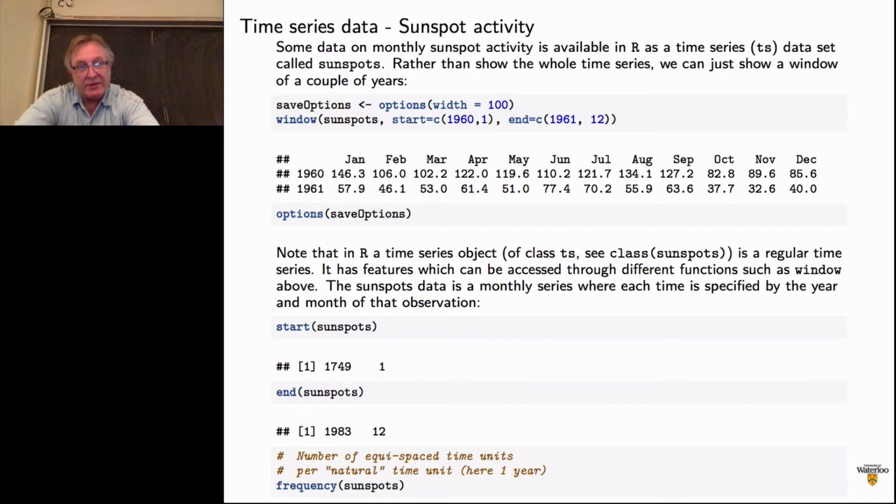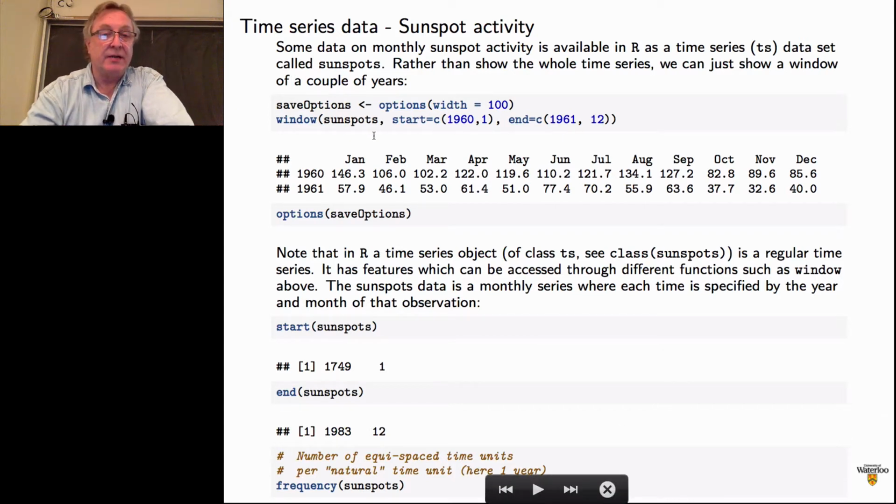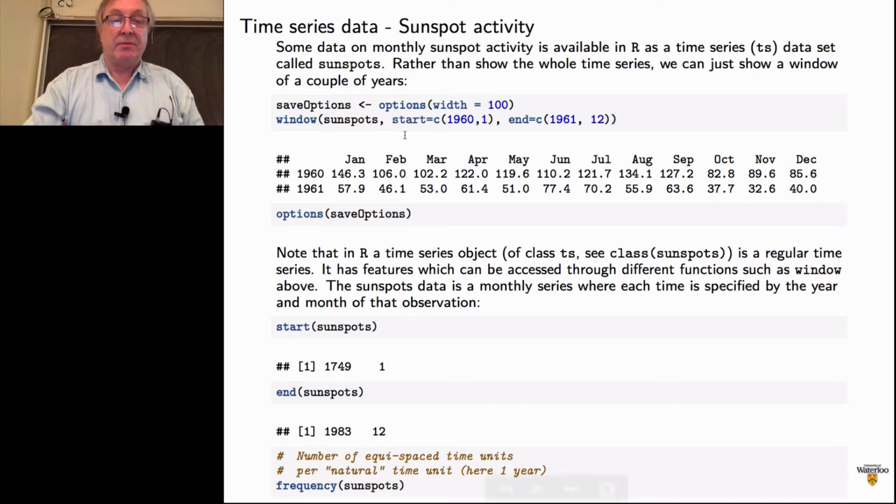Right, so we have this data in R available as a time series data object called sunspots. Time series are a little richer in terms of the data structure that's being used to encode them in R, in that they'll have start times and end times, and they'll have some periodicity, in this case annual.